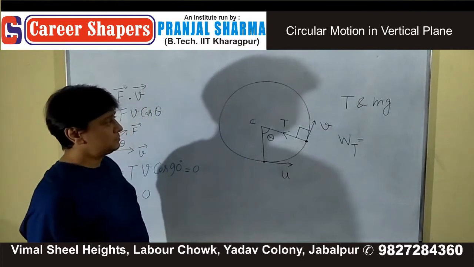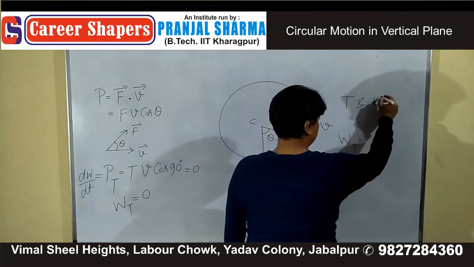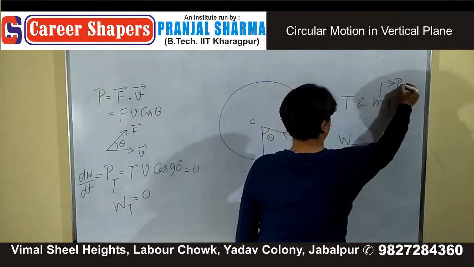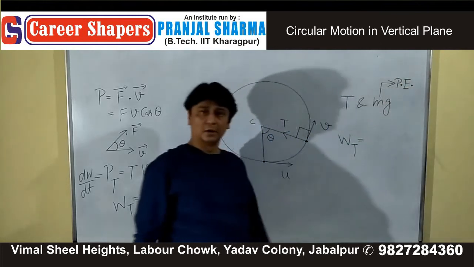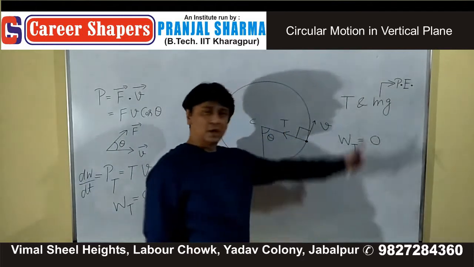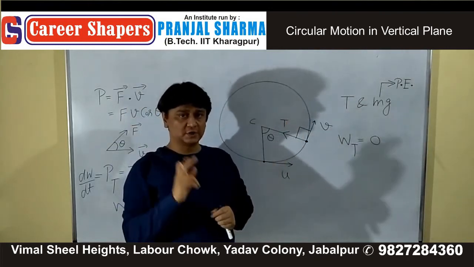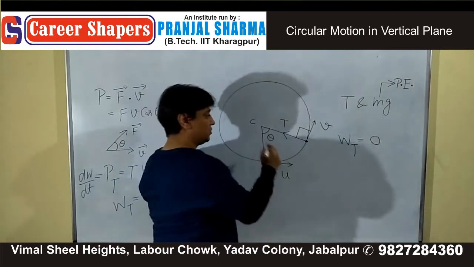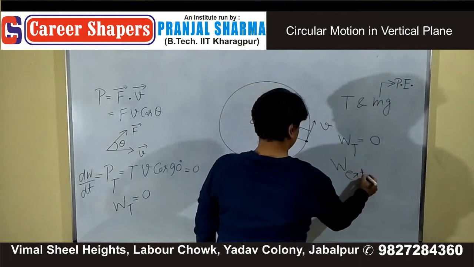Now, this mg, instead of using its work, we will be using its potential energy function. We have found work done by tension force is what? Zero. Mg will not go for its work, will go for its potential energy. Which means on this system there is no external work.